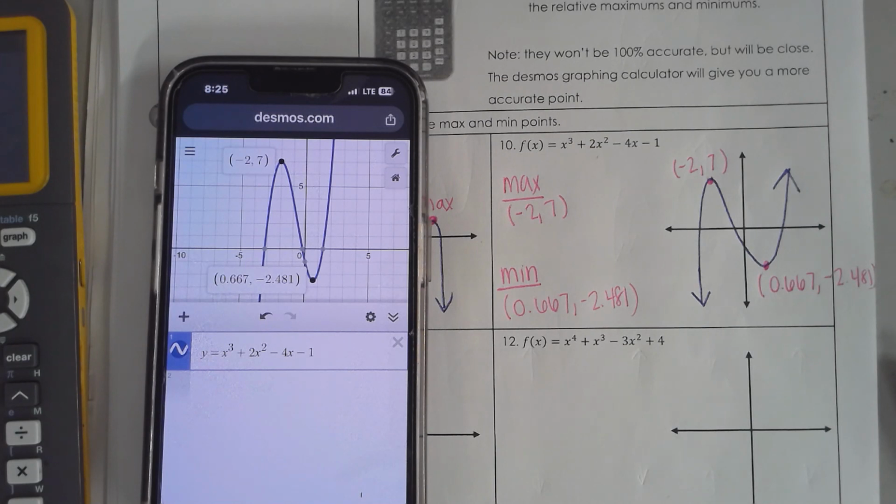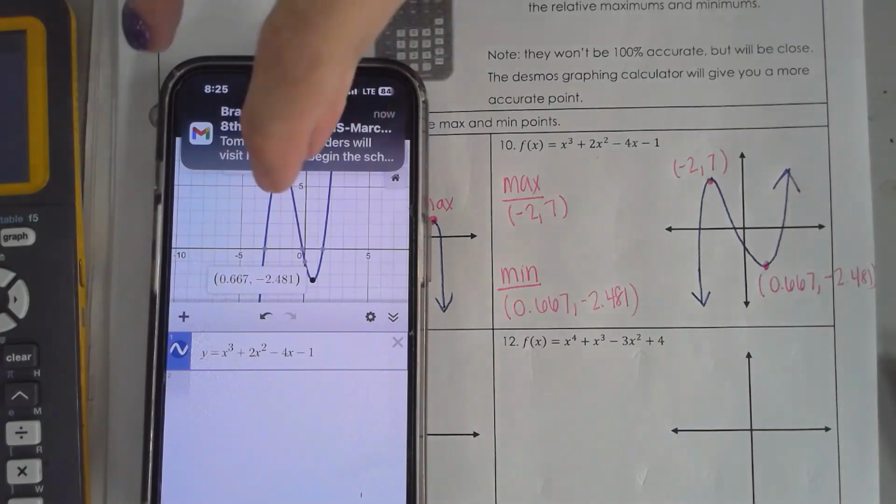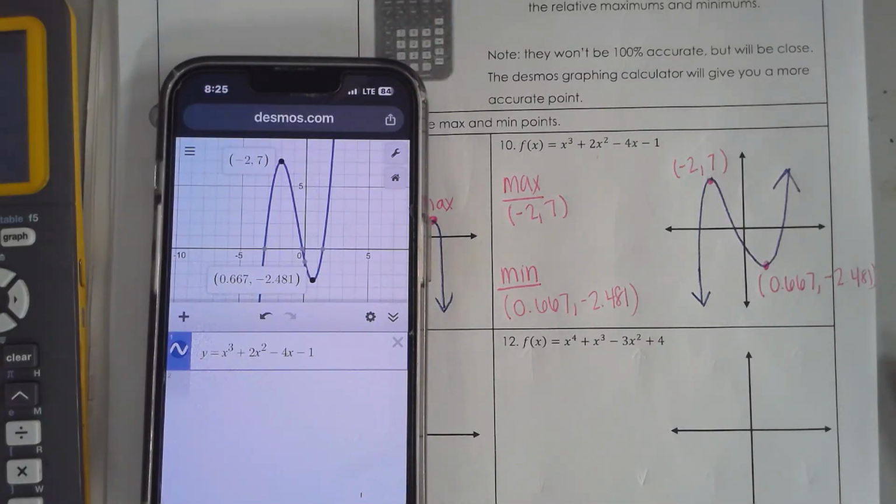The limit as x approaches negative infinity, so your x is going this way, your y values are approaching what? Negative infinity. If the y values are going down, we put negative infinity there. Then I would say, okay, the limit as x approaches positive infinity. So as I go to the right, the y values are approaching positive infinity because they're going up.